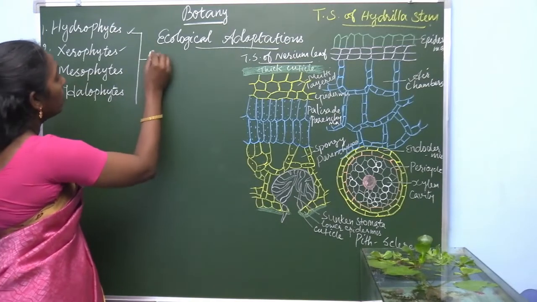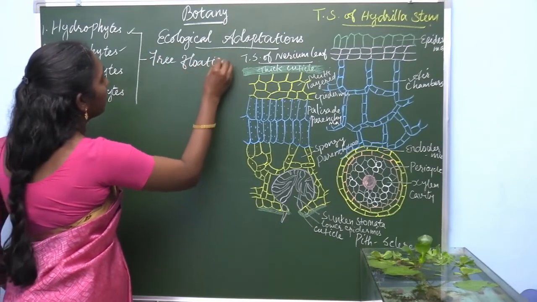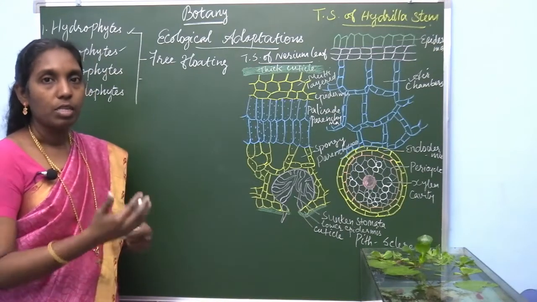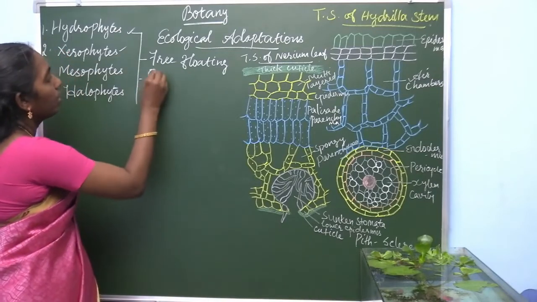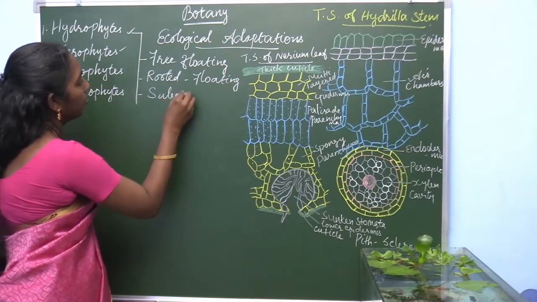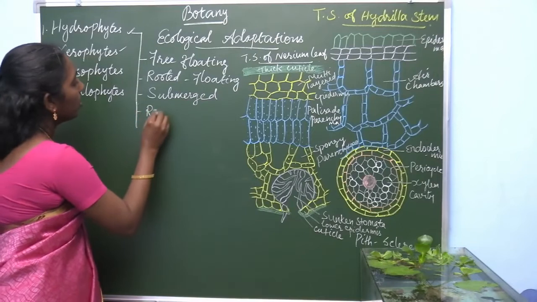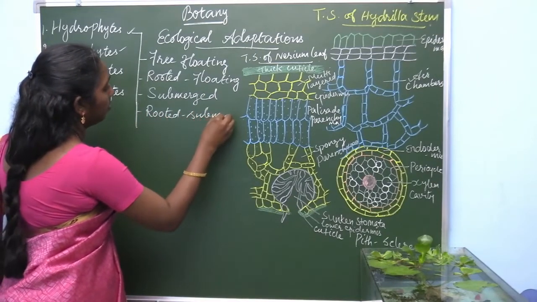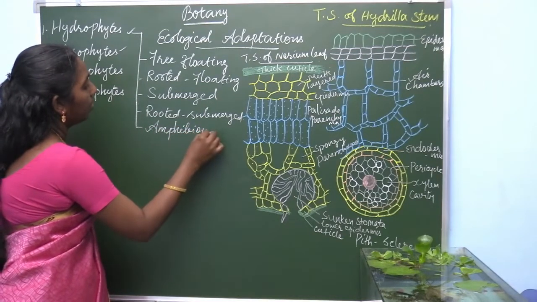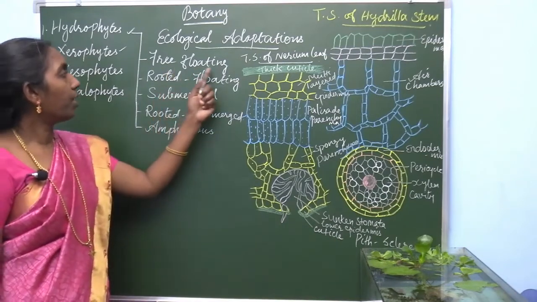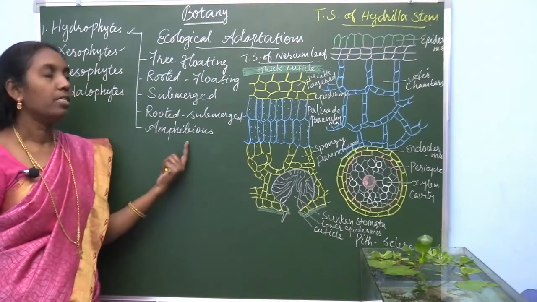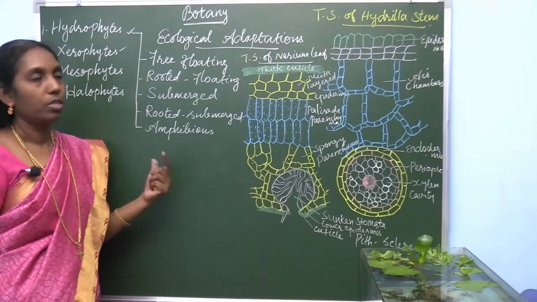They are classified into free floating hydrophytes, rooted floating hydrophytes, submerged hydrophytes, rooted submerged hydrophytes, and amphibious hydrophytes. First, you learn the classification, very important question.